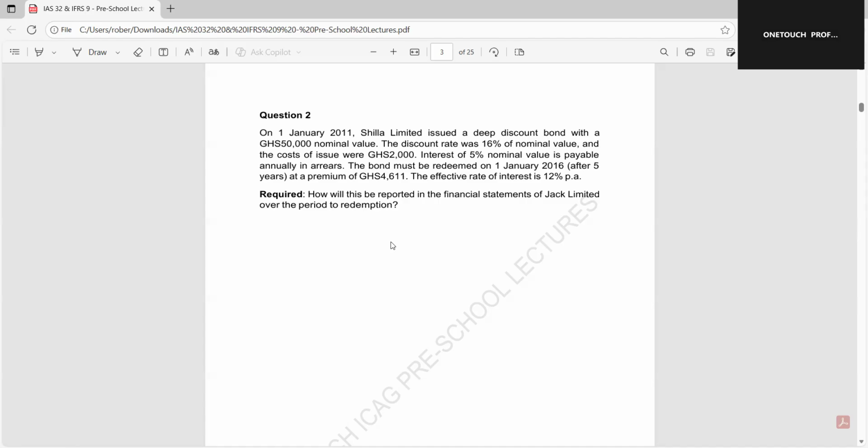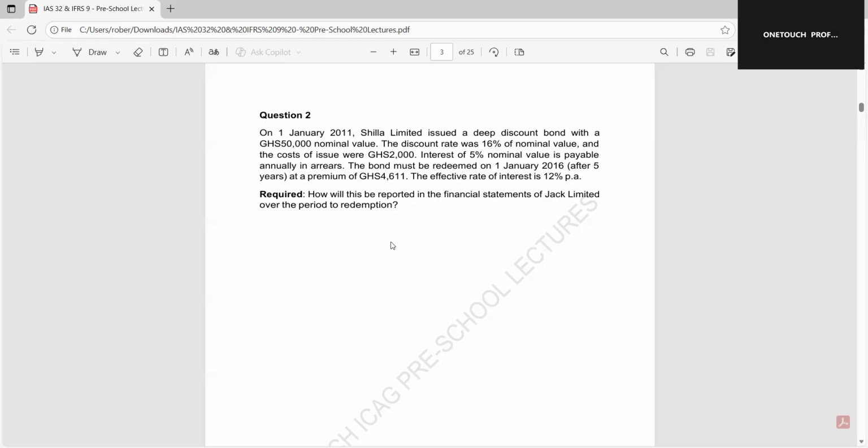Nominal interest of 5% of nominal value is payable annually in arrears. The bond must be redeemed on 1st January 2016, after 5 years, at a premium of 4,611. The effective rate of interest is 12% per annum.